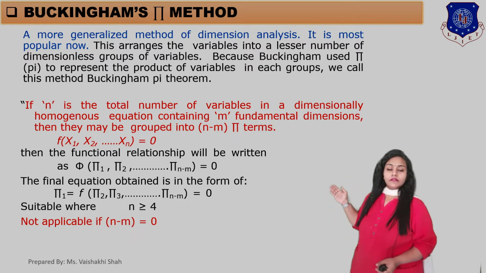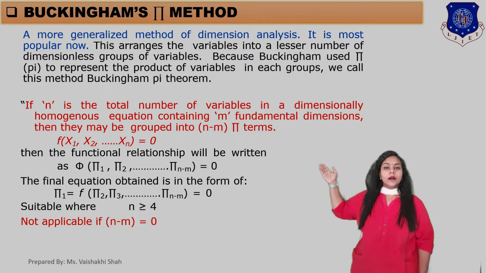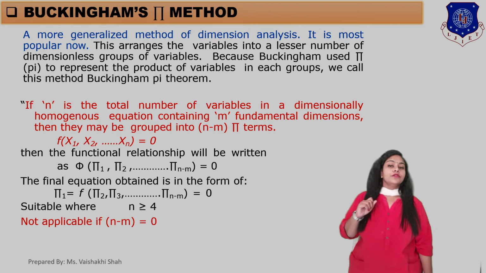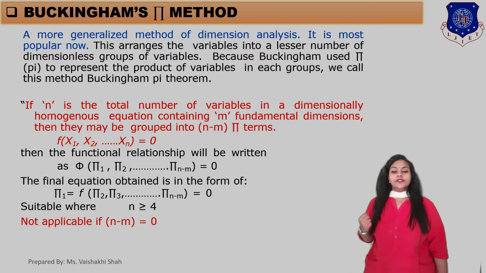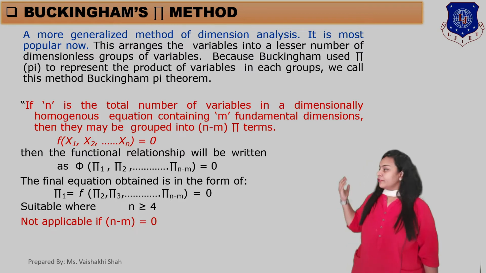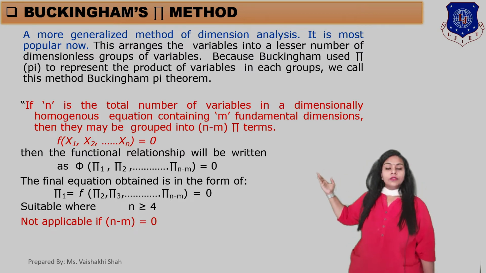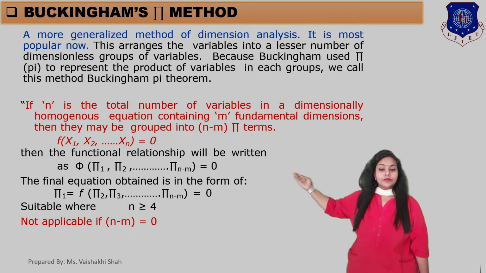So the function is written as a function of x1, x2 up to xn equals 0. The functional relationship is written as phi of pi1, pi2 up to pi n minus m equals 0.